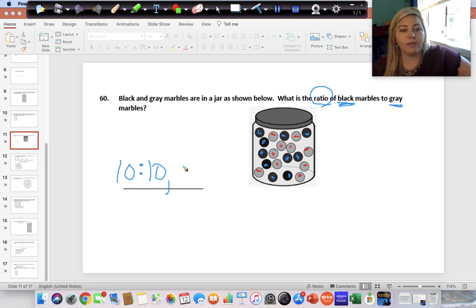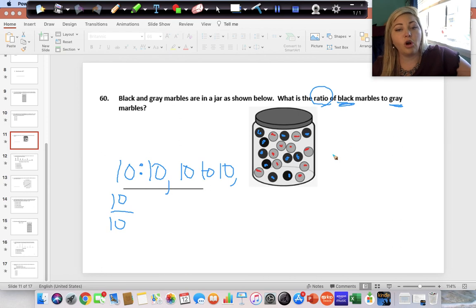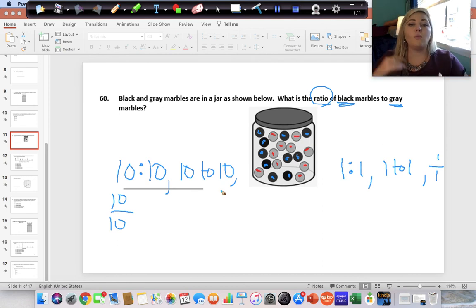You can also write that as 10 to 10, and you can also write that as 10 over 10. You could reduce this ratio. So you could also write this as 1 to 1, or 1 over 1. You can write it in these different ways, as 10 to 10 or 1 to 1, because 10 over 10 reduces down to 1 over 1.